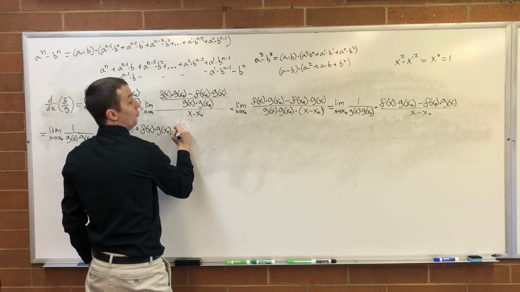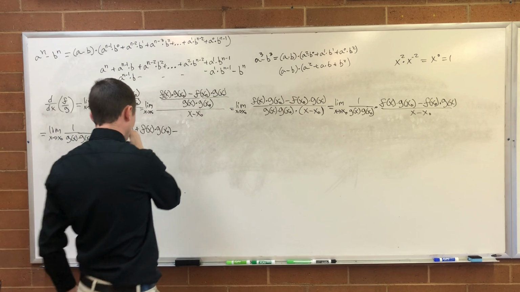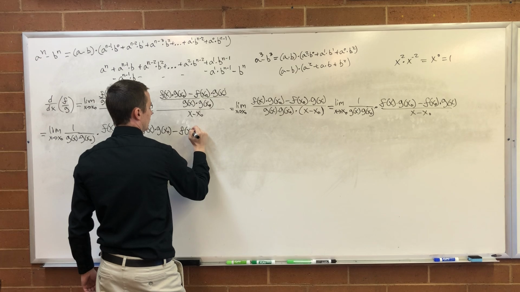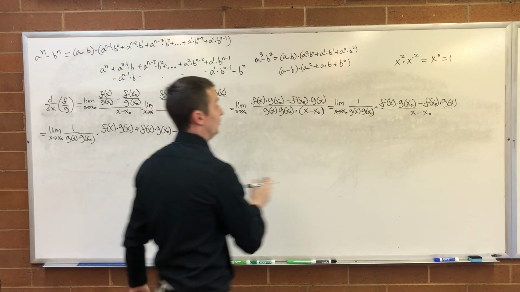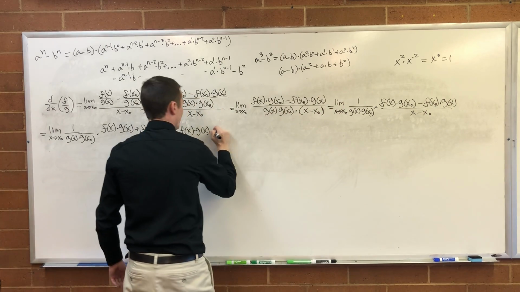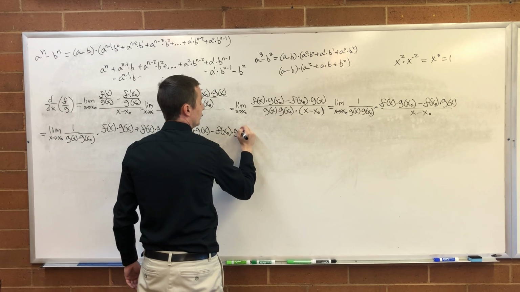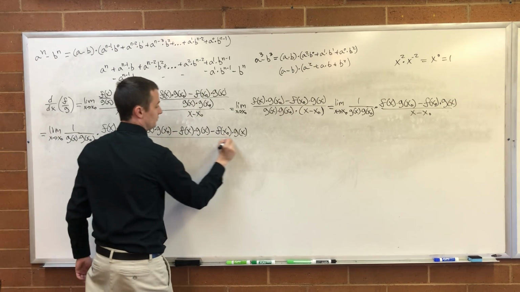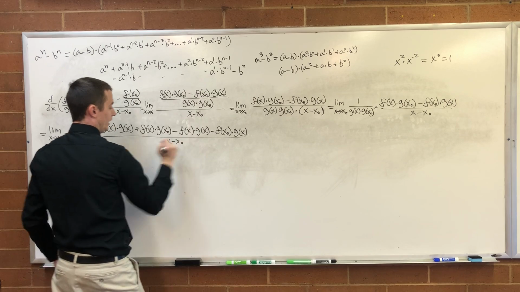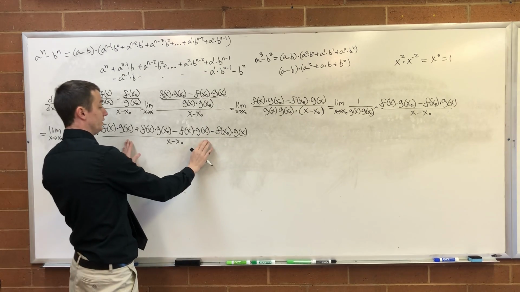Now I'm going to minus my f of x times g of x. And then I'm going to minus this term. See how I just add 0? Okay. Now we can split this thing into two.